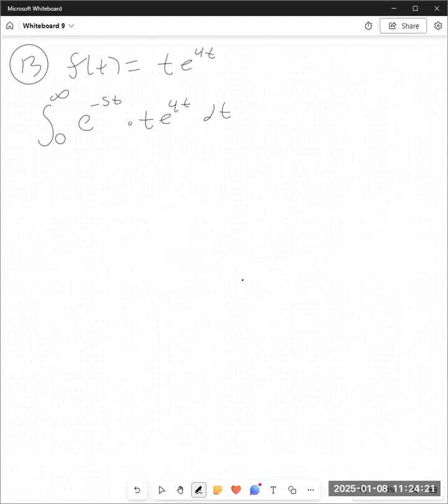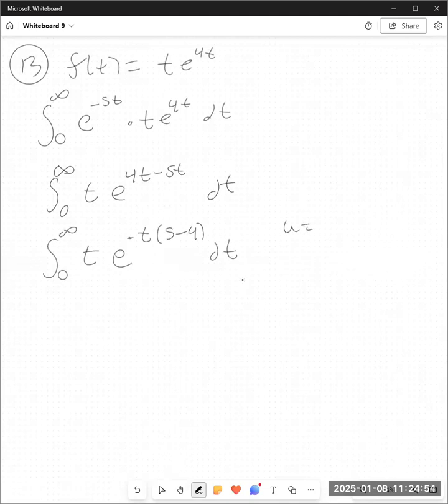That's the integral from 0 to infinity of t e to the 4t minus st dt. Again, I'm going to pull out a negative t here, giving t e to the negative t, s minus 4, dt. So I'm going to do integration by parts.